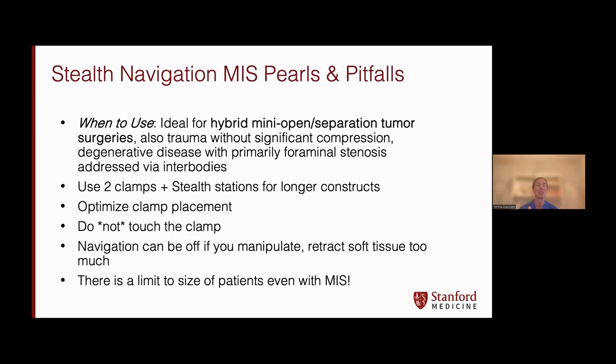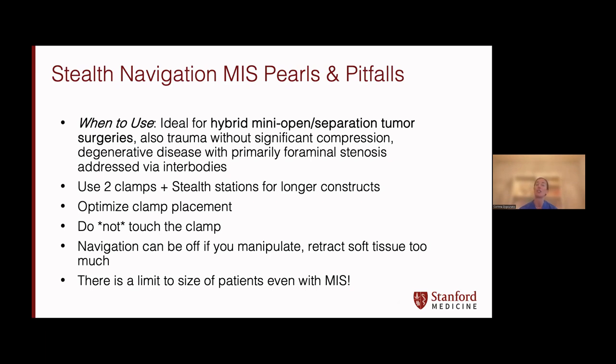I always tell the resident or fellow who's working with me, as well as our nursing staff, to not touch the clamp because then your navigation will be off. And you really can have your navigation off with a lot of soft tissue retraction and manipulations. So you need to be aware of this.